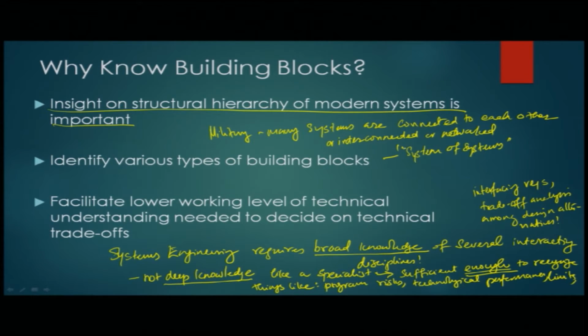A classic example of this is the AWACS, the advanced warning airborne radar system. It will have the fighter jets underneath it, the communication network, the UAVs underneath it, the ground guns underneath it, and many other things like that.